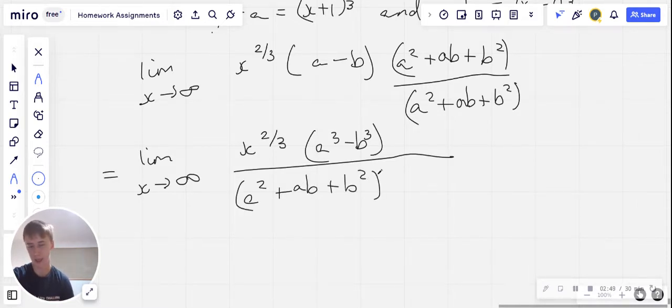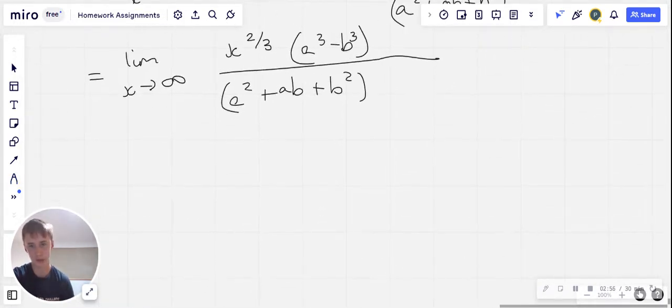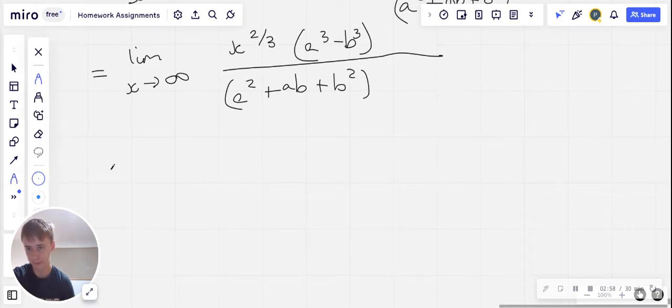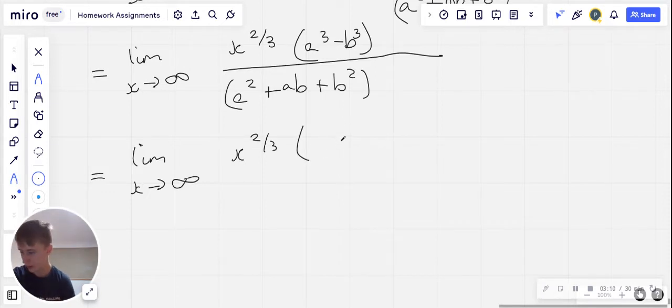Okay, now I'm going to turn this back into x's, but we've sorted out one of our issues. So that's the limit as x tends to infinity of x to the 2/3 times a, which was x plus 1 to the power third. So x plus 1 to the power third, cubed, is just x plus 1.